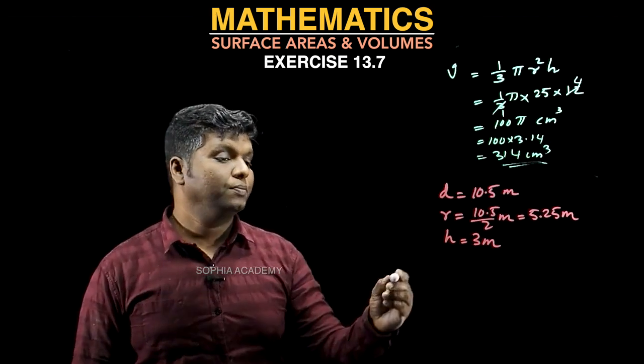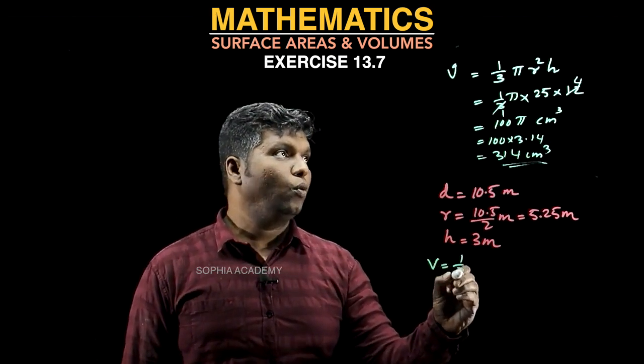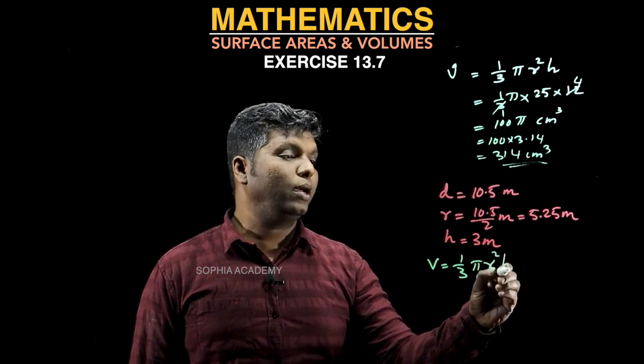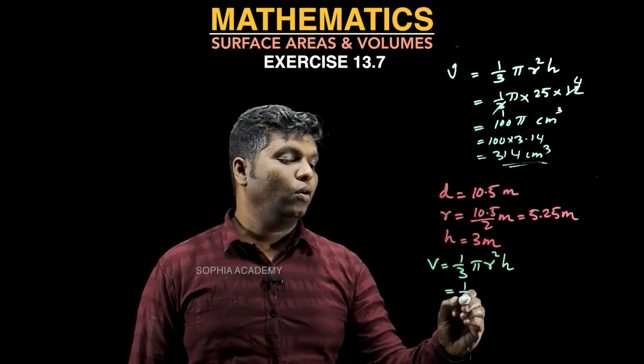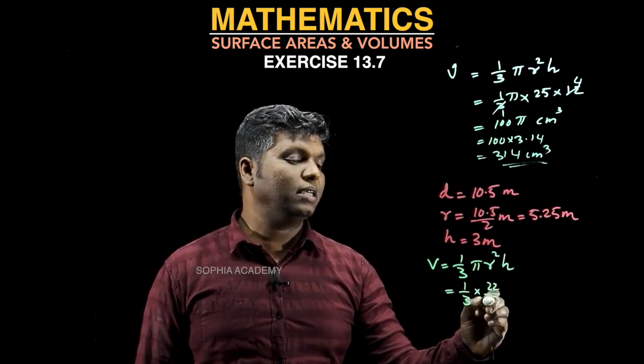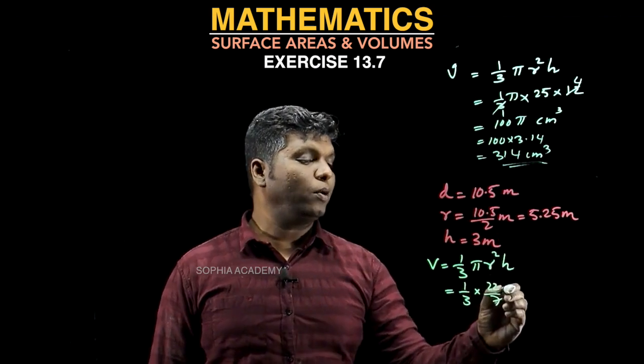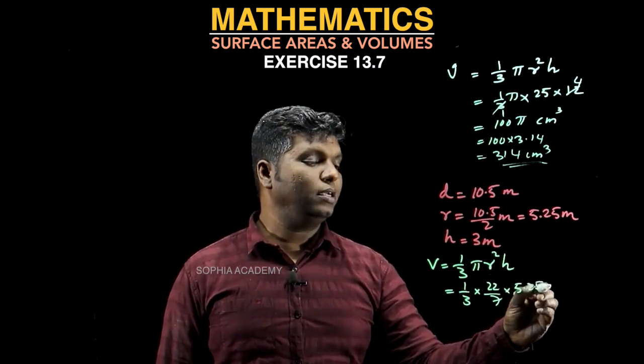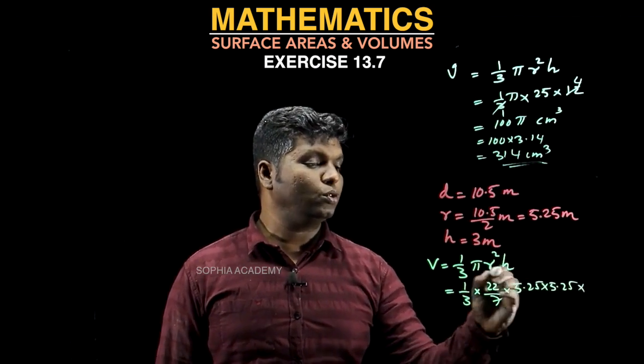Now you have to find the volume. The equation of volume is V is equal to 1 by 3 pi r square h. That's equal to 1 by 3 into 22 by 7 into what is R? It is 5.25, 5.25 into what is your h?